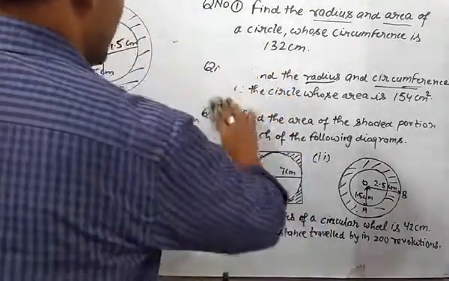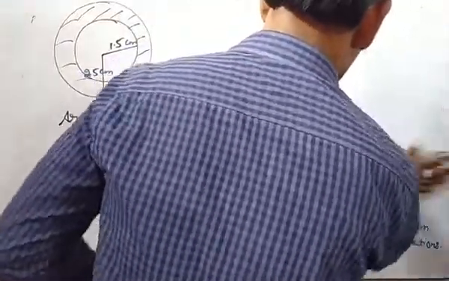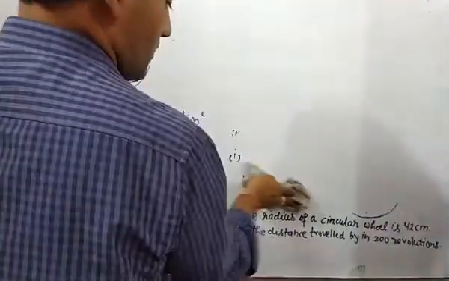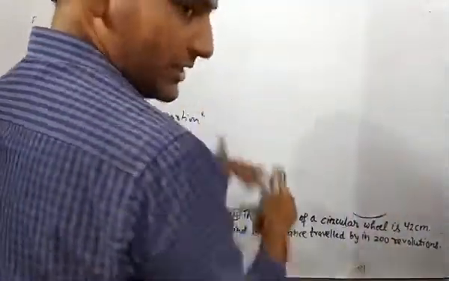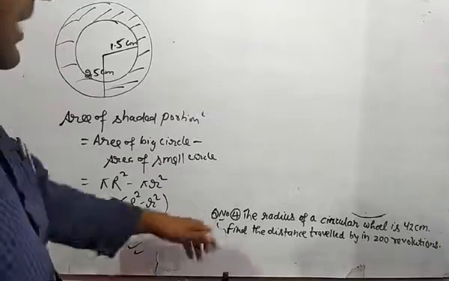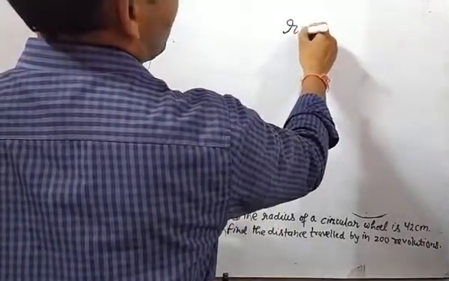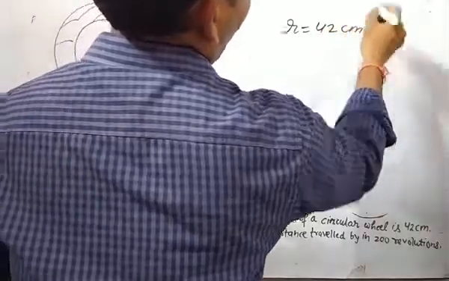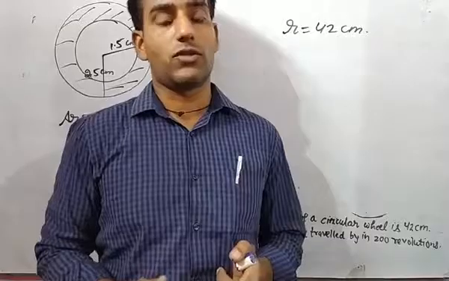And now the last question, not the last question, the last question for this video only. The radius of a circular wheel is 42 centimeter. Find the distance traveled by it in 200 revolutions.